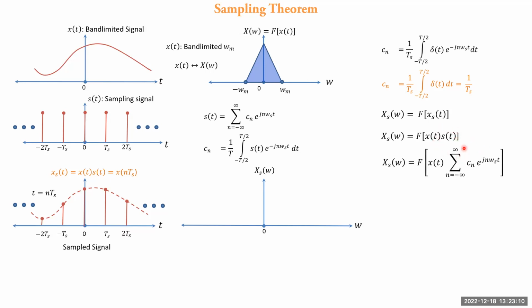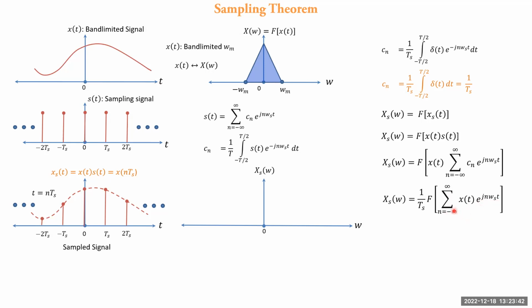By substituting s(t) as a Fourier series and substituting the value of Cn, which is 1 by Ts, you'll get a simplified equation for the Fourier transform of the sampled version of the analog signal as Xs(omega) is equal to 1 by Ts times the Fourier transform of the summation, n varying from minus infinity to plus infinity, of x(t) times e raised to jn omega s t.